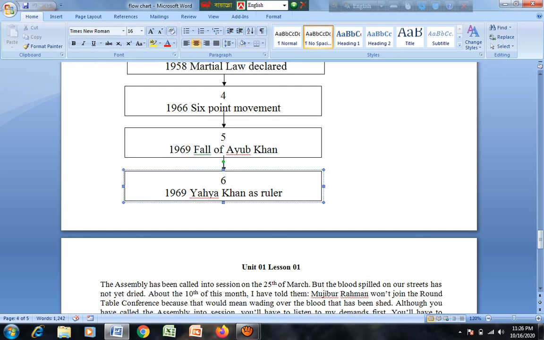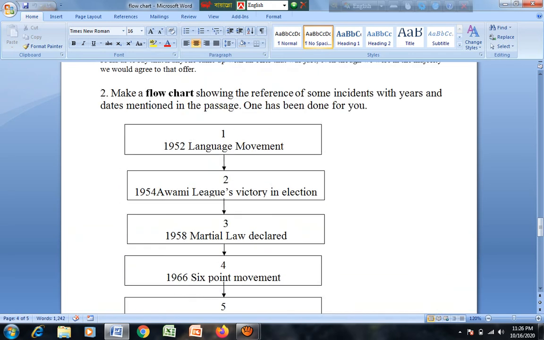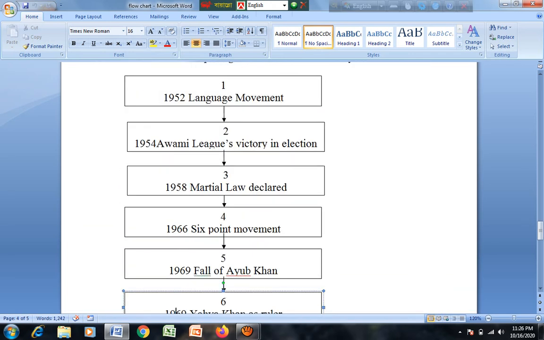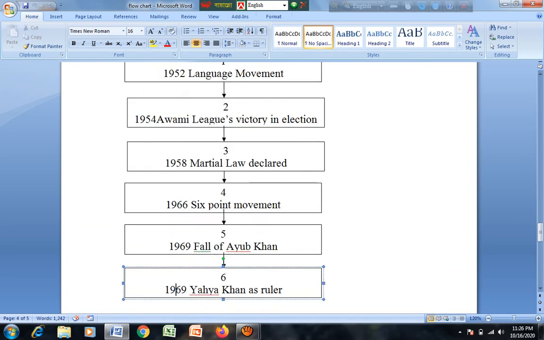At the same time in 1969, Yahya Khan as ruler. So we see that there are 6 boxes. One is done for you, and you will have to just put points in the other 5 boxes, 2, 3, 4, 5 and 6, and you will get 2 marks for each box.